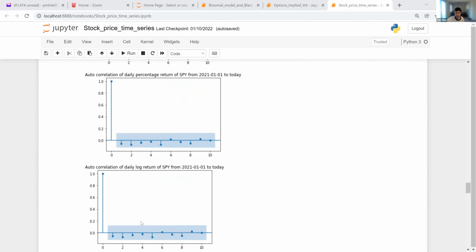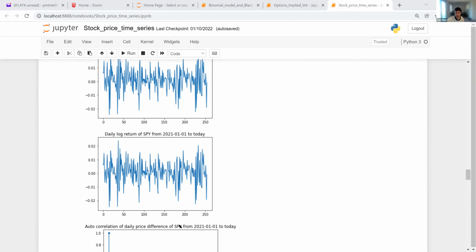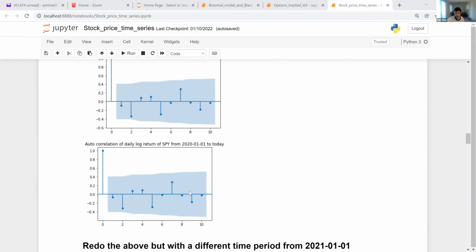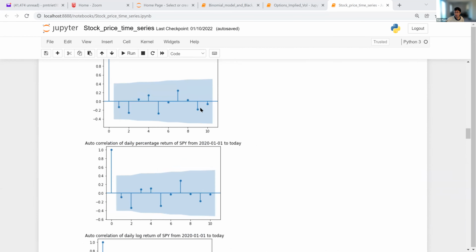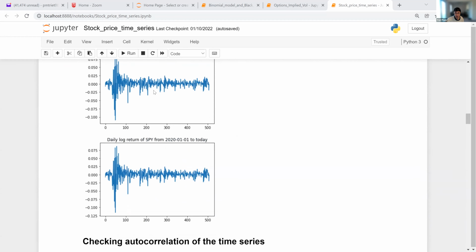So nothing like a highly dependent nature. By the way, the dependence nature of things is very serious, meaning that there are some people who build models on long-term memory of stock prices, and how to price under that. That's even more advanced, I think, than a model that tries to change volatility.